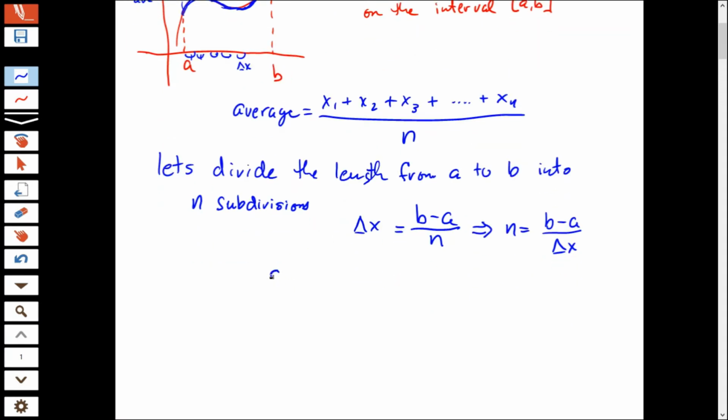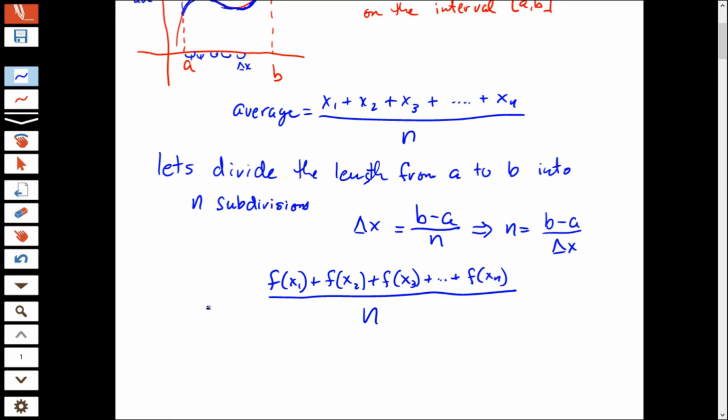So that would be adding up the y values from x1, x2, x3, and so on, all up until the last x value. And of course, this is divided by how many there are, n. And so this is your average value, or at least an approximate average value.